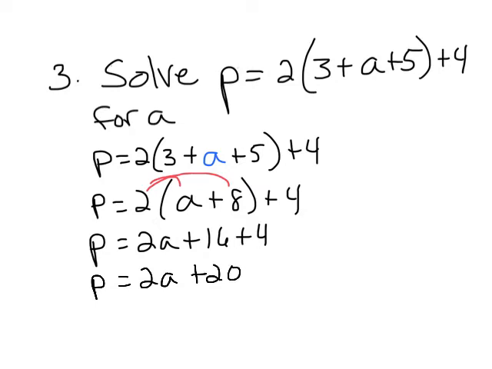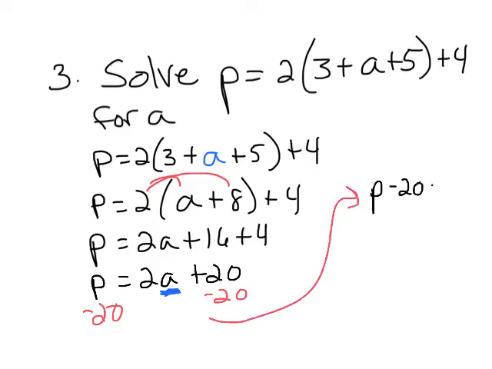And again, a is my variable, so I want to solve for a. The next step would be to subtract away the constant term, which is the 20. And if I move over here, I end up with p minus 20 is equal to 2a.